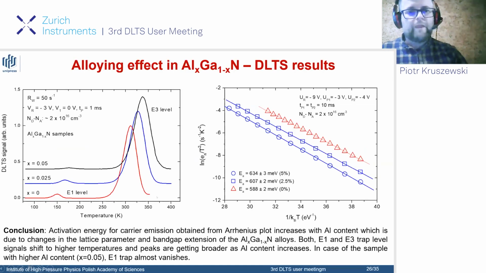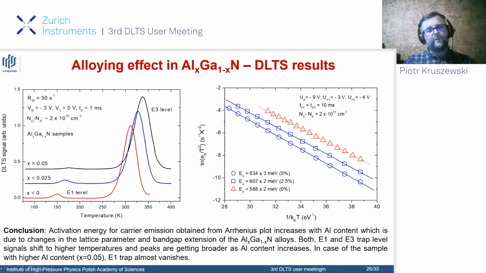So in this study we analyzed AlGaN samples with 2.5% and 5% aluminum content. So DLTS for the set of samples: pure GaN is red, blue is 2.5%, and 5% is the black curve. You see two things.